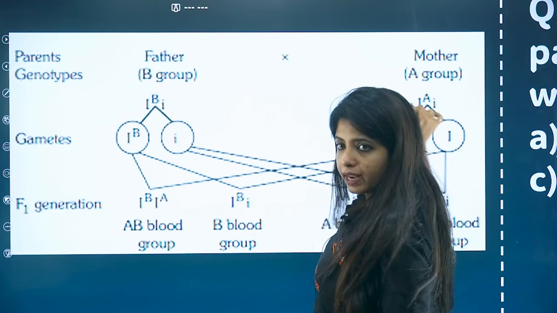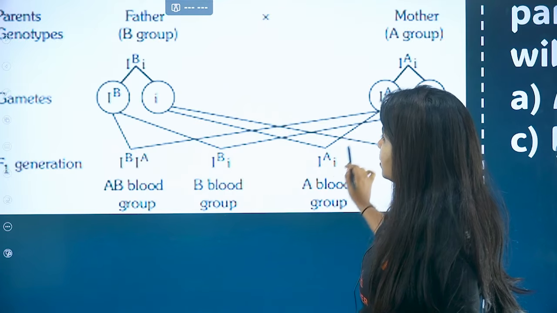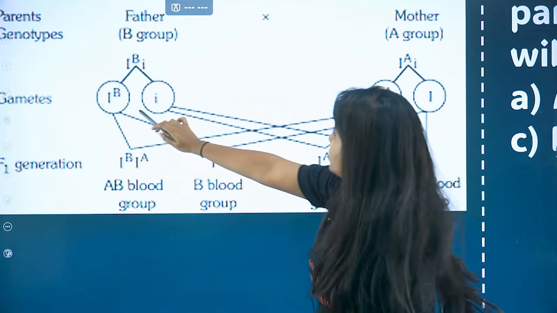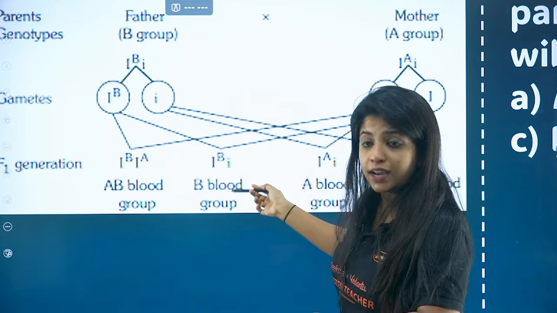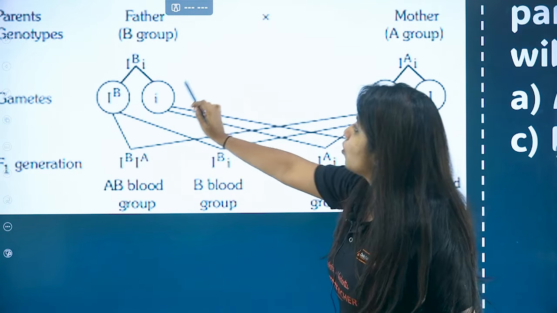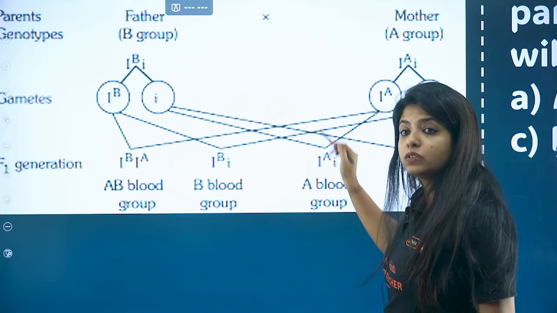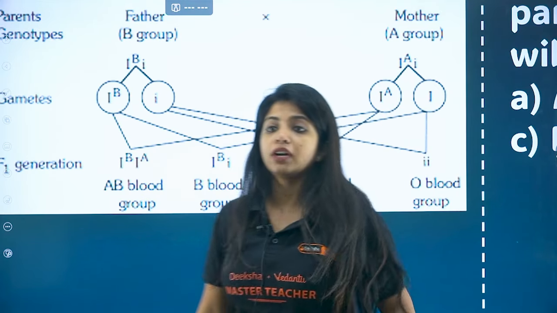B is dominant over O and A is also dominant over O. Suppose B came from here and A came from here, I got AB blood group. Suppose B came from here and O came from there, I got B blood group because B is dominant over that. So AB is there, B is there. Suppose O came from here and A came from here, so IAIO, A blood group will be there because A is dominant over O. If O came from both, my dear children, it will be O blood group.